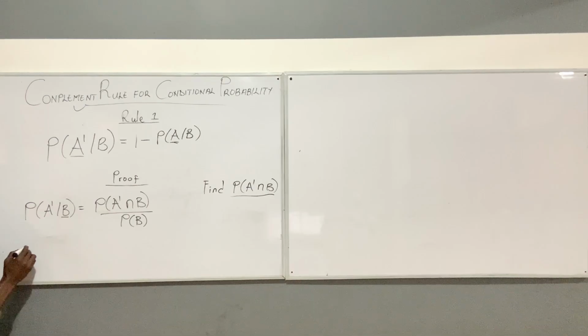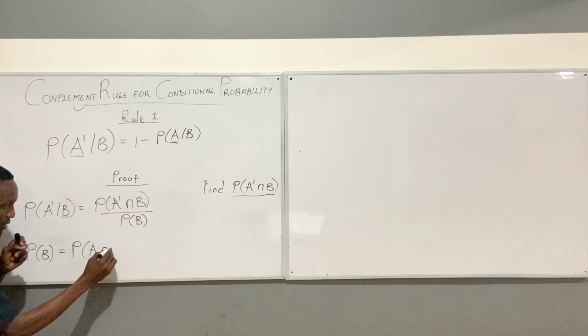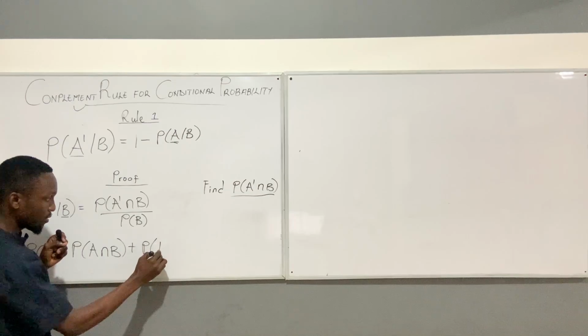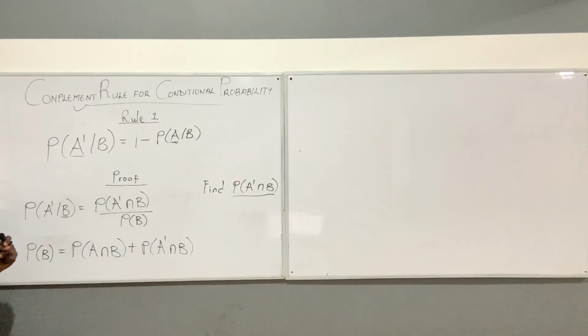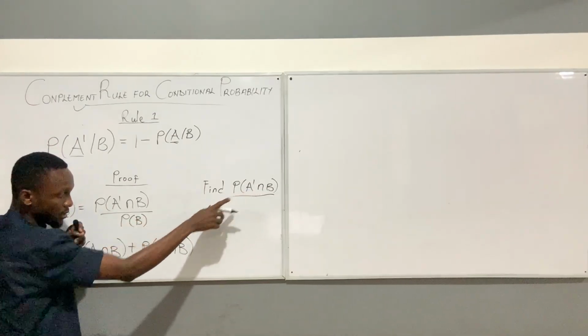So now let's concentrate on probability of B. So probability of B is supposed to give us, now watch, the probability of A intersection B plus probability of A complement intersection B. Now you see that this is now here.